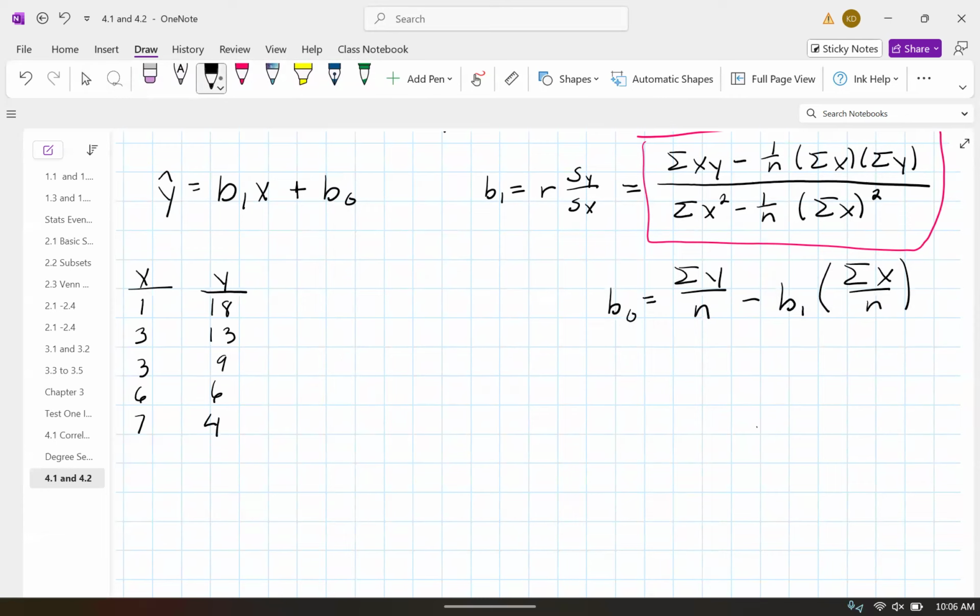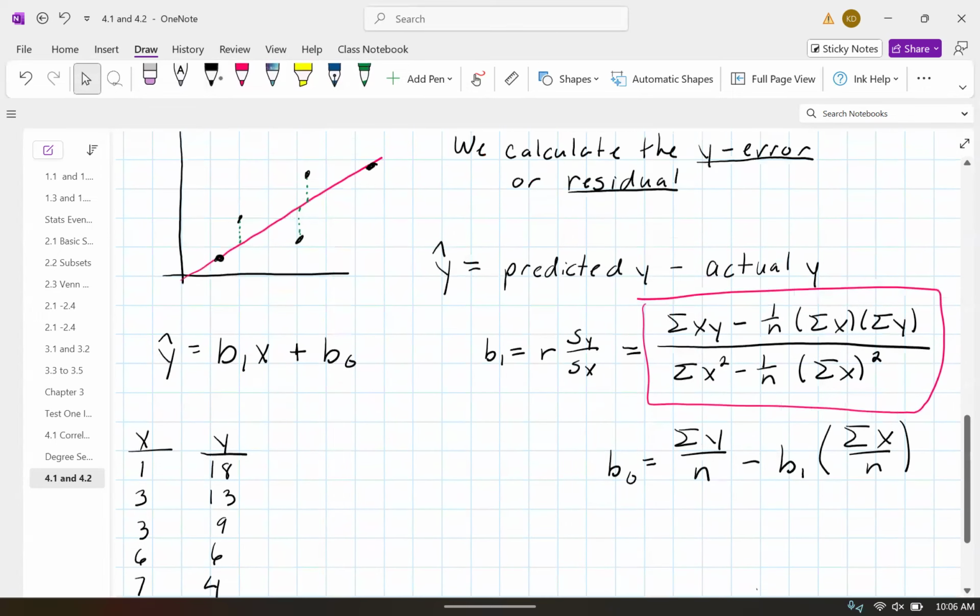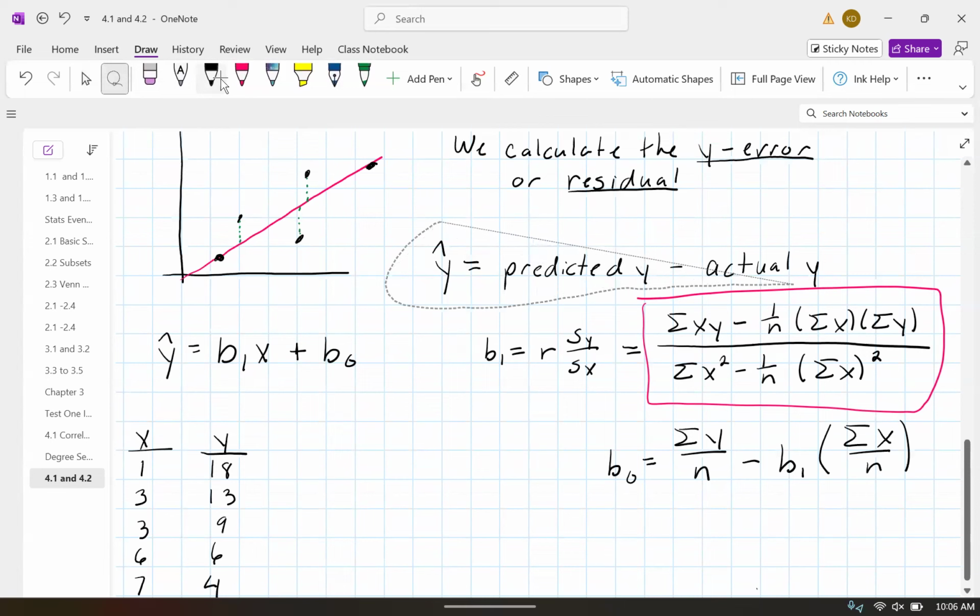Okay. We're going to calculate all of the bits. So we're going to find our R value, use that to find our B1 and B0. Let me see if I can rearrange this a little bit more to fit everything in here.